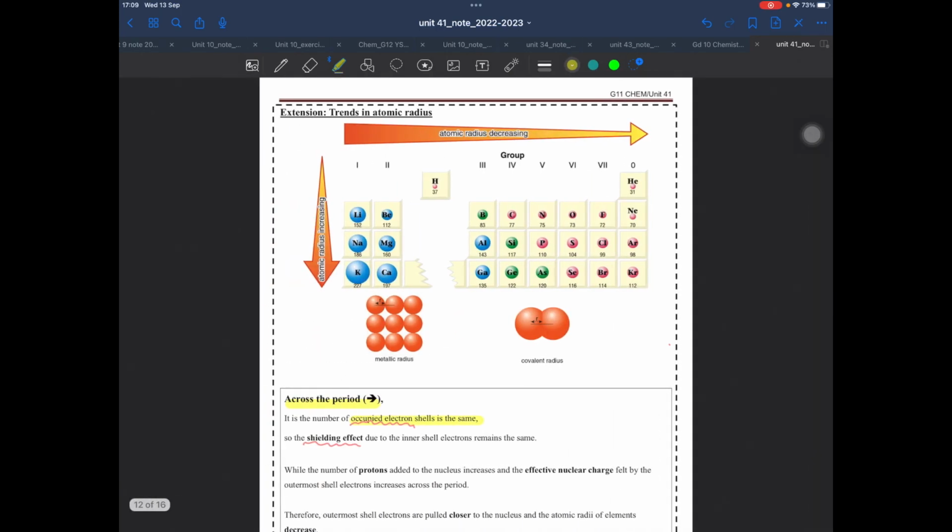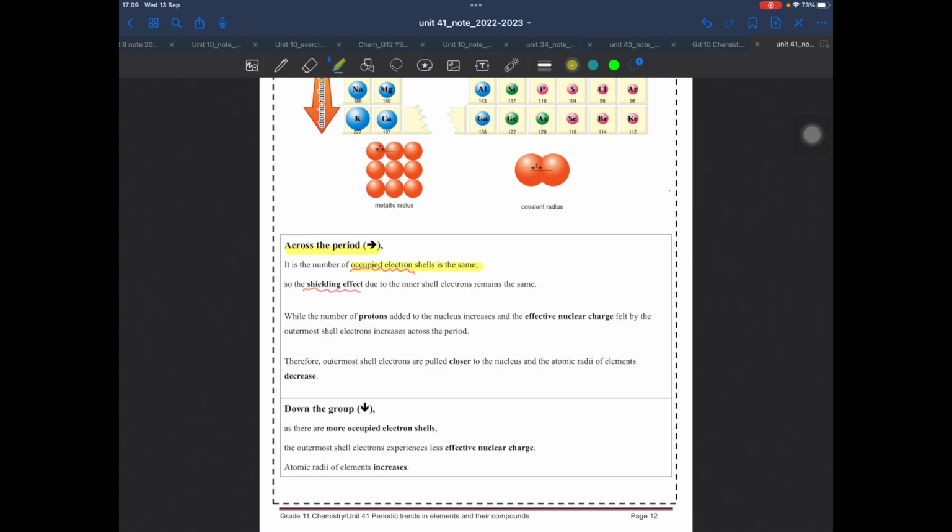Now, the next one is, yes, now we learn a new word called the shielding effect. The reason behind it is that the protons increase. So the effective nuclear charge felt by the outermost shell is also increased. This is related to electronegativity, with the same idea.